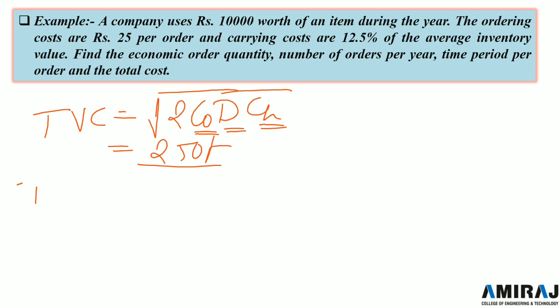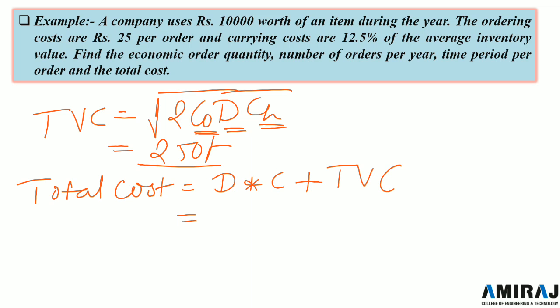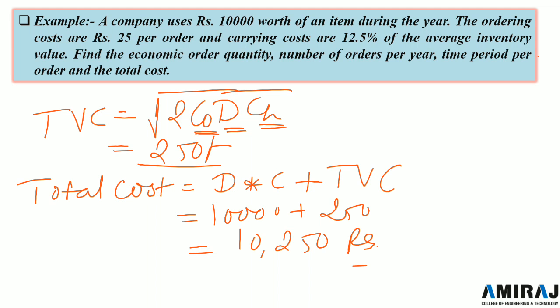Then the total cost is equal to D into C plus total variable cost. So here it will be 10,000 plus 250, which is equal to 10,250 rupees. So this is the total cost.